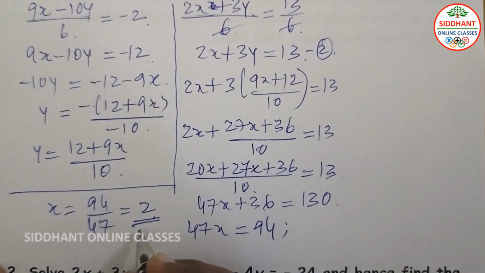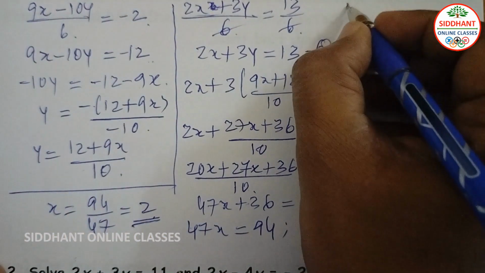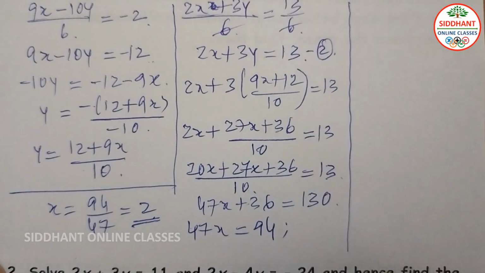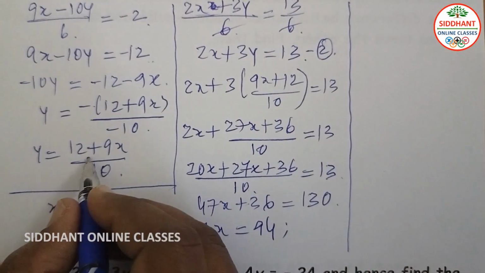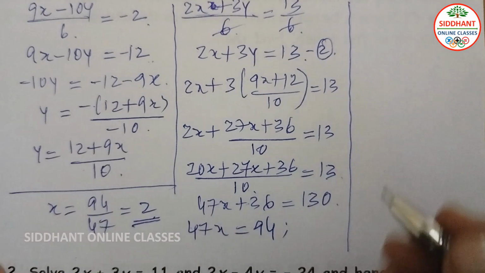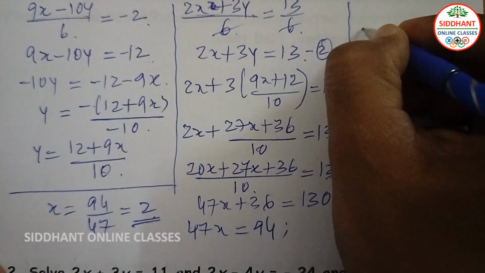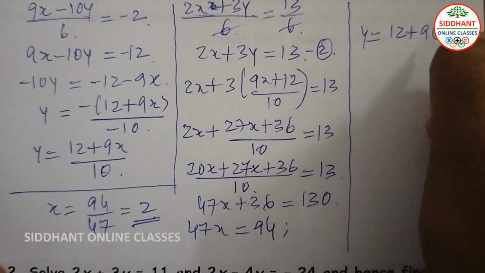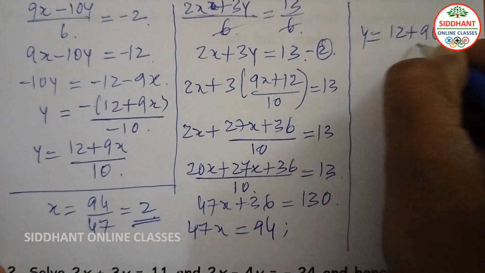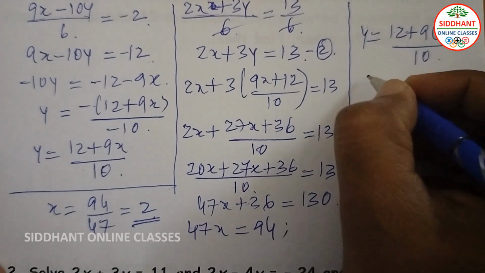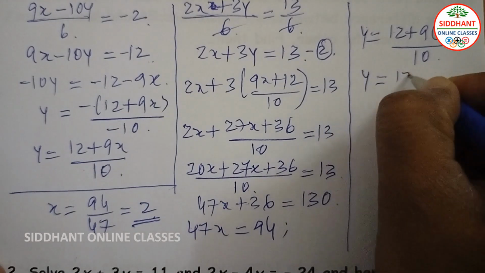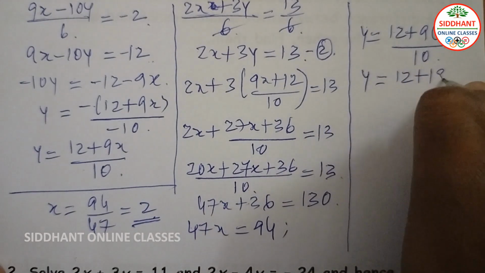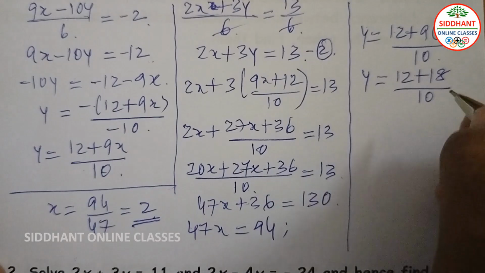Now substituting x value in y. So y we know, which is 12 plus 9x by 10. So now y equal to 12 plus 9 into x is 2 here by 10. So y equal to 12 plus 18 here by 10.